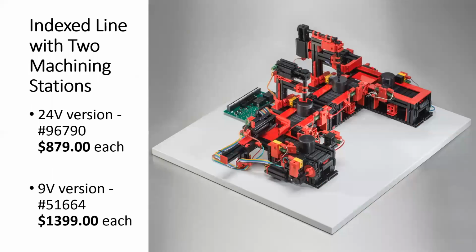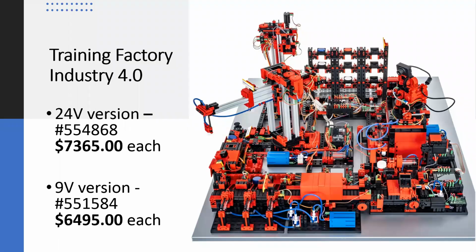The indexed line with 2 machining stations. The 24-volt version is $879 per unit, and the 9-volt version is $1,399 per unit. And finally, the Training Factory Industry 4.0. In the brand new 24-volt version, $7,365 each. Again, this includes the sample program.